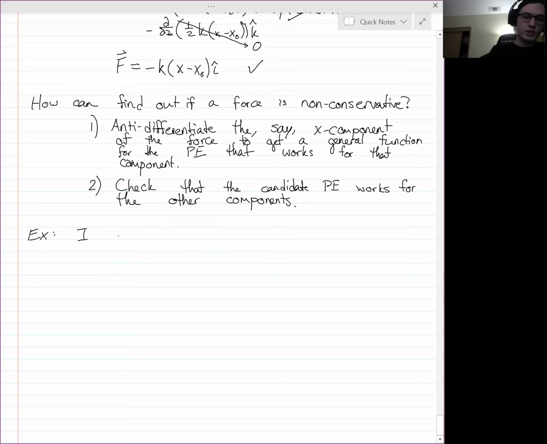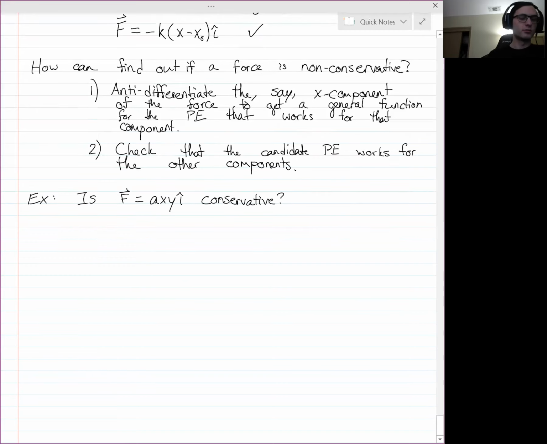First, a question might be: is the force F equals AXY in the i hat direction conservative? So first things first, we can make a simplifying assumption.